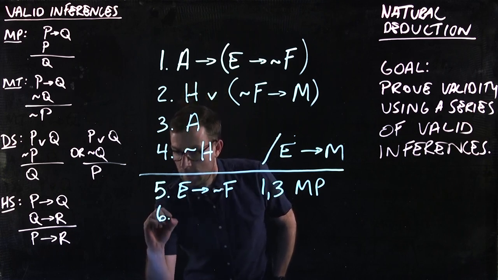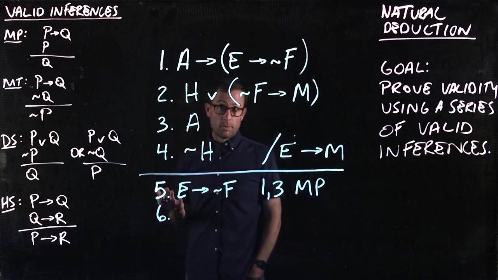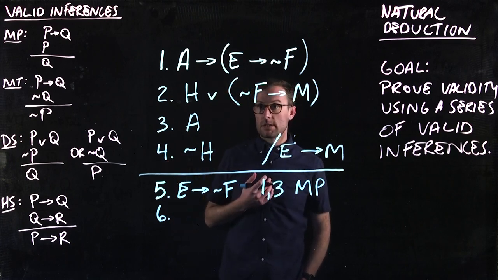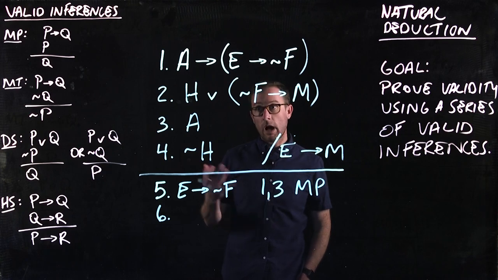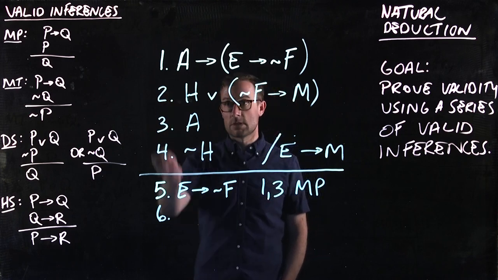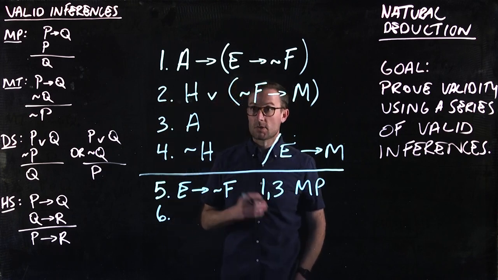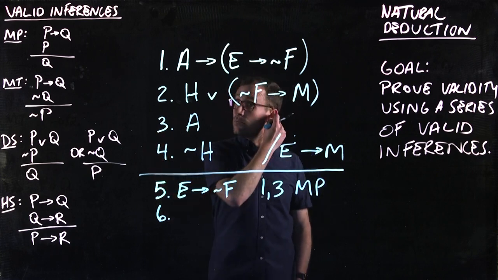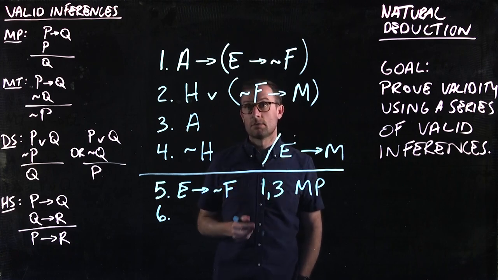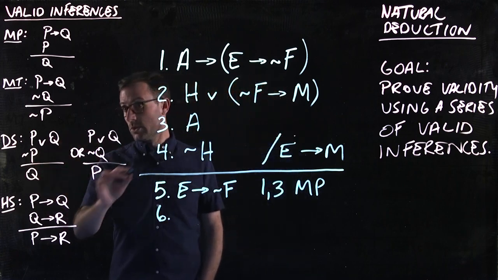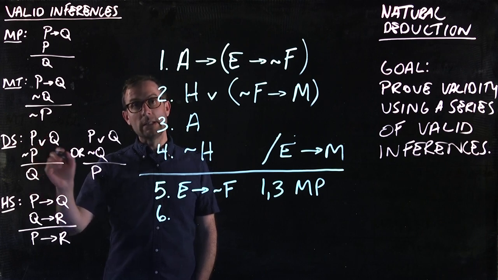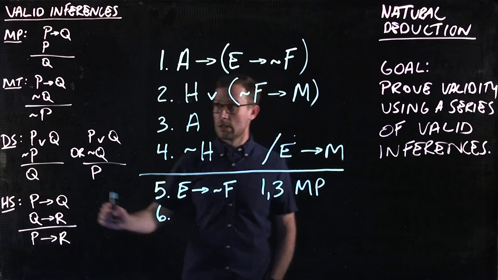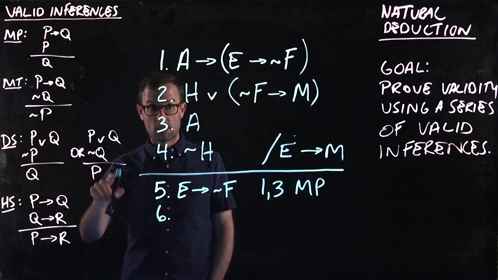All right. Now, if you decided to start the proof with 2 and 4, totally appropriate, and that's just one of the choices that you can make when completing these. I'm choosing to do it second, just because it seems to be more of a natural progression in the proof. Now looking at 2, again, it is a disjunction. So according to the disjunctive syllogism, whenever we can eliminate one of the disjuncts, the other disjunct follows, and we can do that with either disjunct.